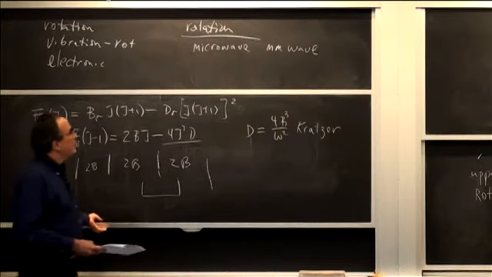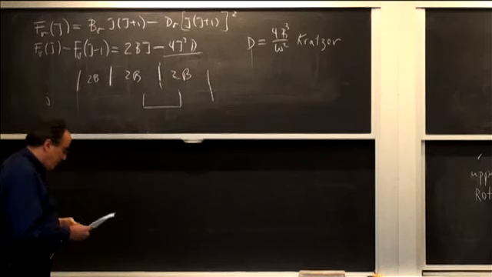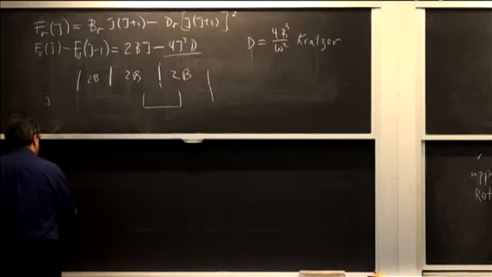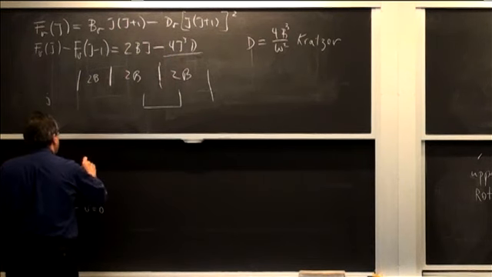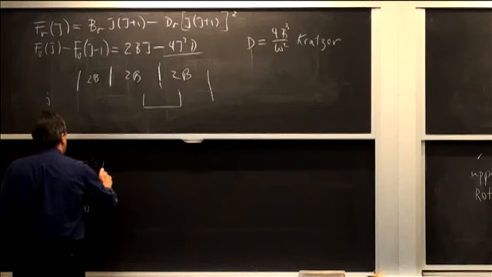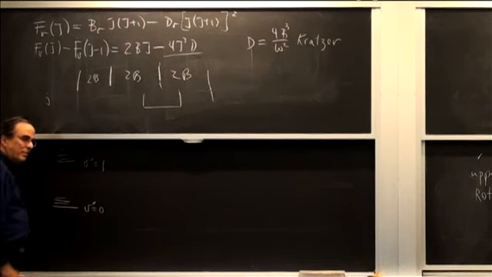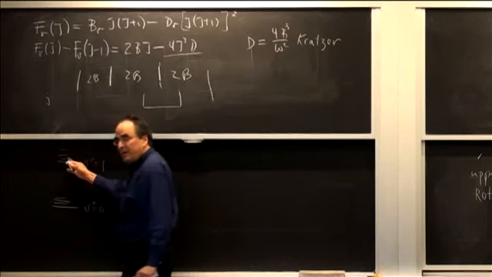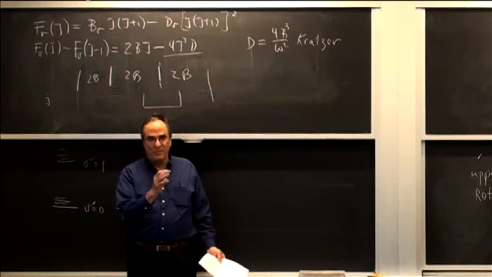Okay, but there's more details. And these are something that's really beautiful about microwave spectroscopy. Okay, here's the V equals 0 level. And here is a V equals 1 level. And this has a rotational spectrum. And this has a rotational spectrum. And the rotational constant for V equals 1 is just a little bit smaller than for V equals 0.